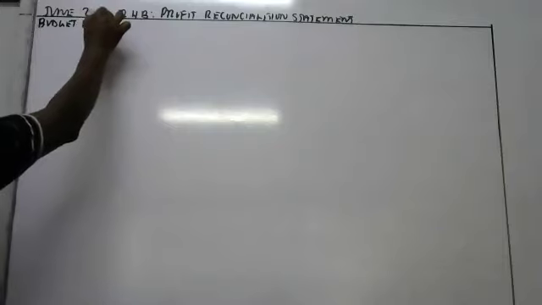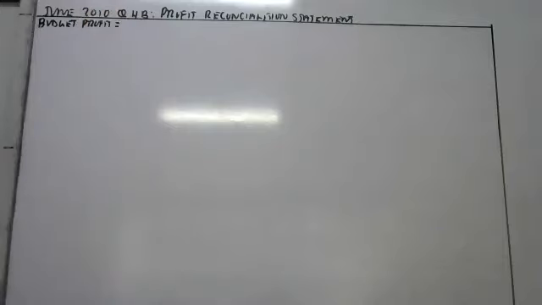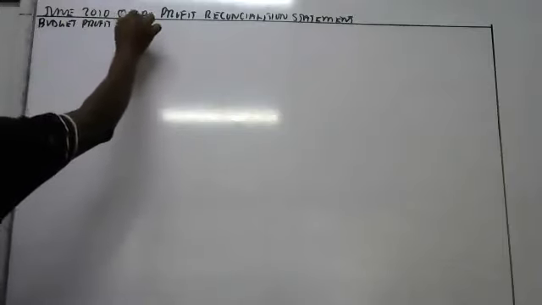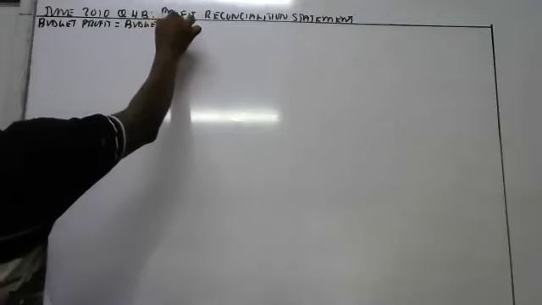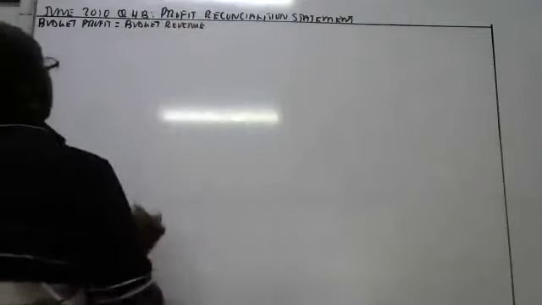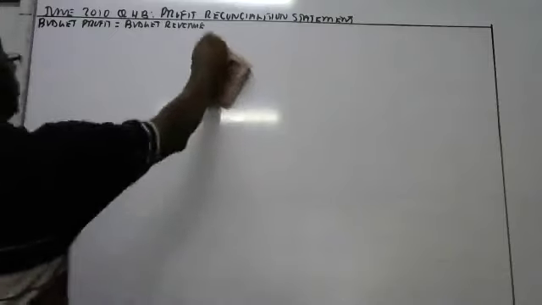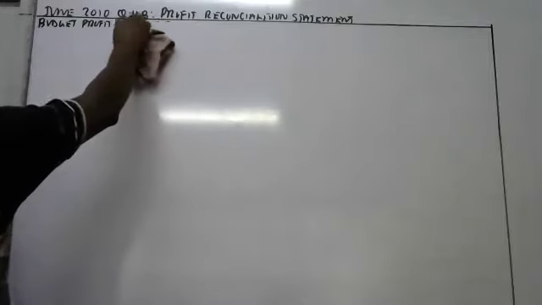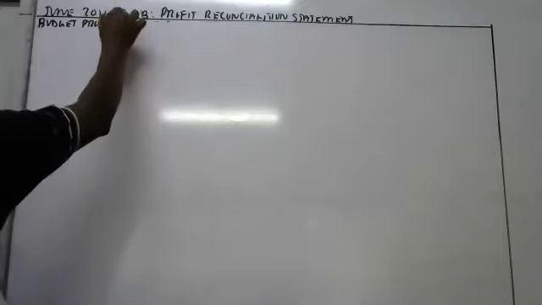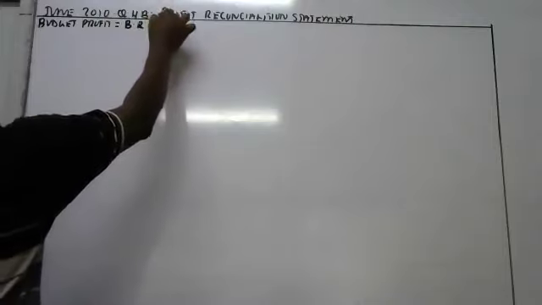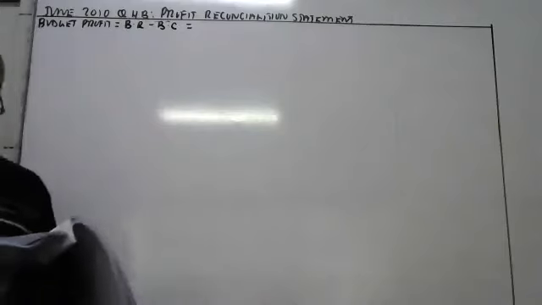If you want to know budget profits, it is budget revenue minus budget cost. Because of the interest of space, let me use the initials, because you should have the notes that have all the formulas in full. But if you have space, you can still write.